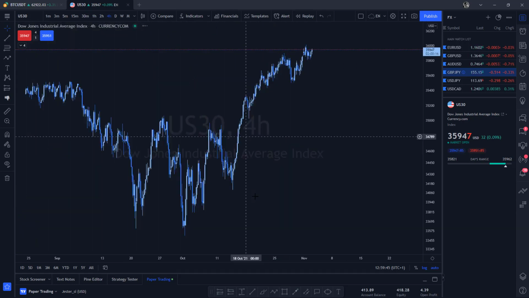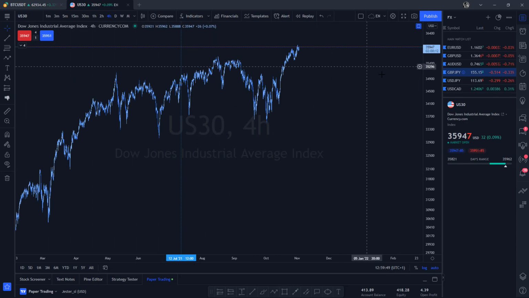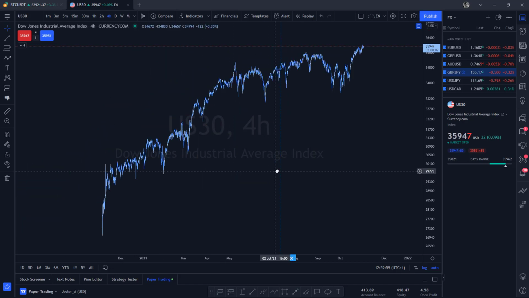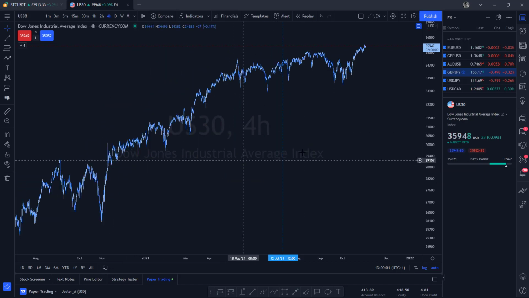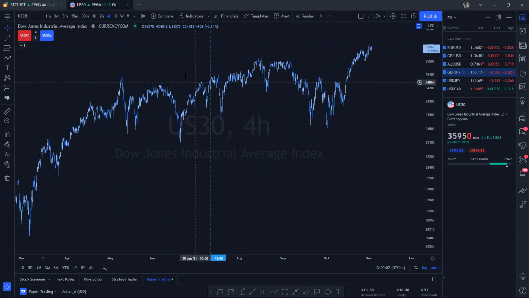Okay, let's do from the 4 hour. Yeah, it's bullish and most of the time it just goes up. So the safe bet here is to look for buys.